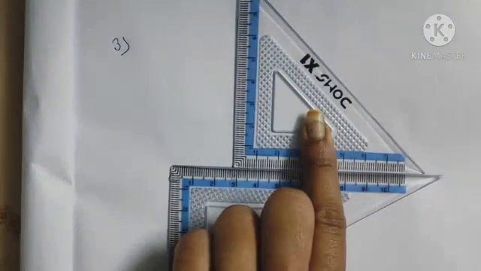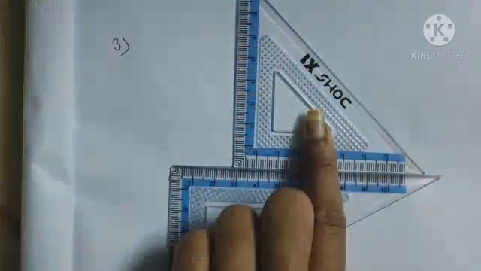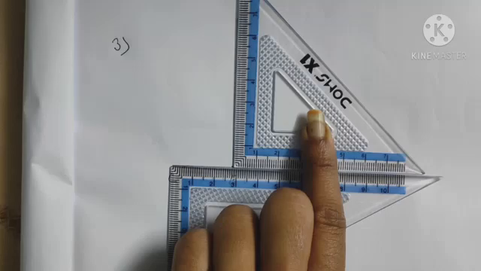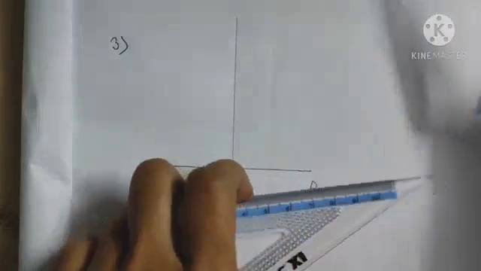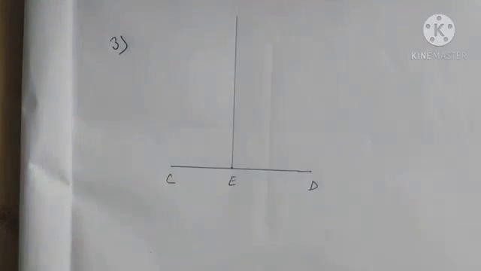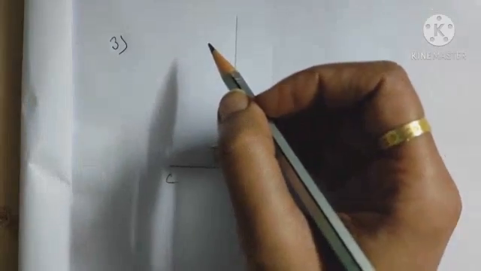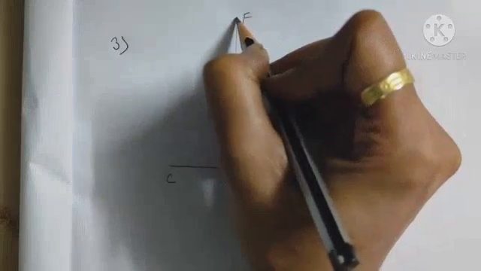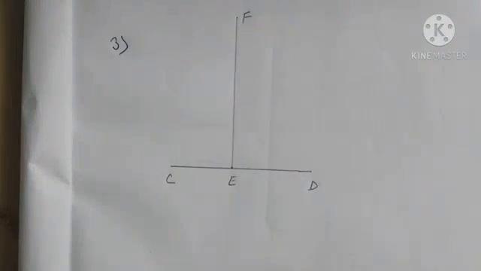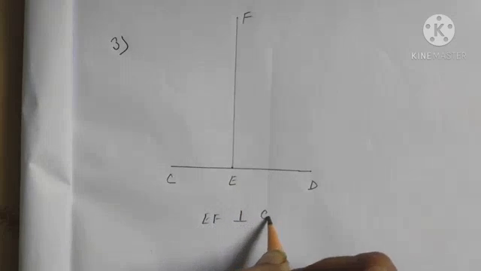Then we draw a line in this position. We lift the set square, we get here perpendicular line, and mark the point as here, mark it as F. So here we get EF perpendicular to CD.